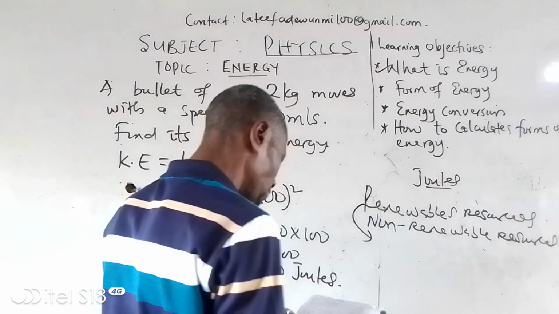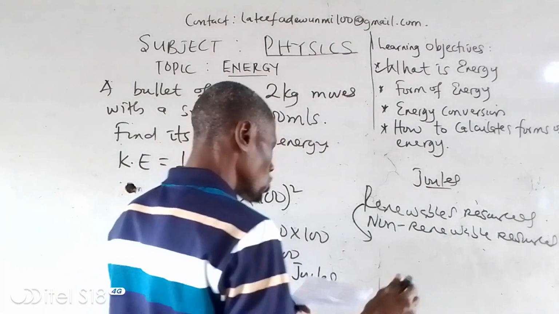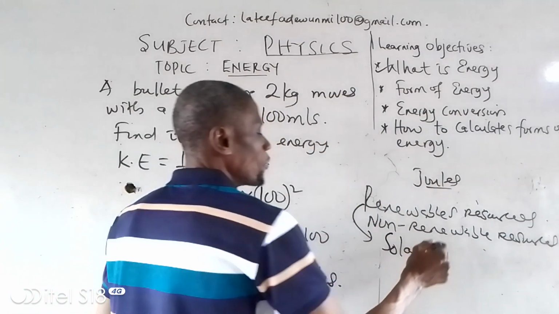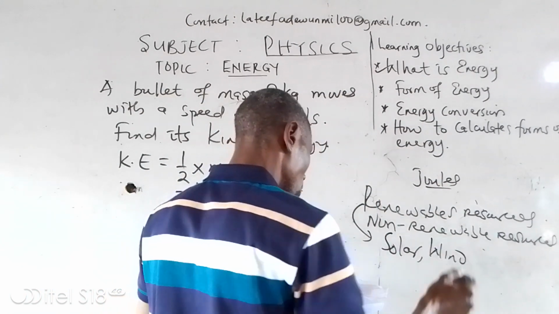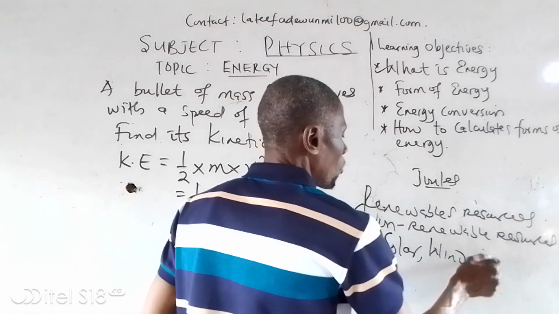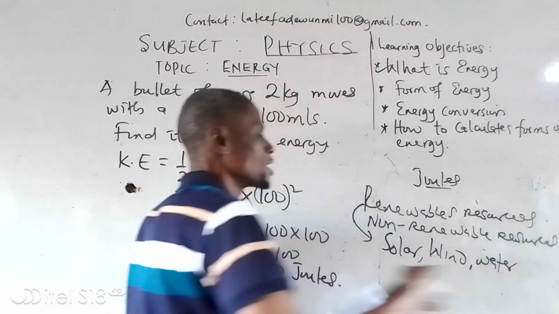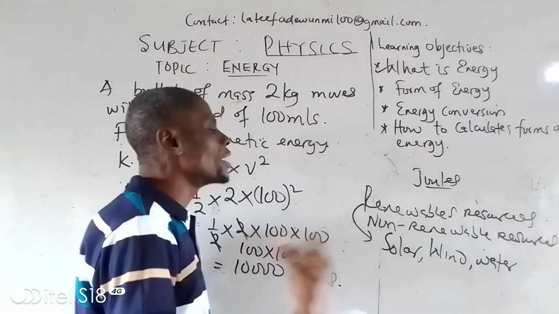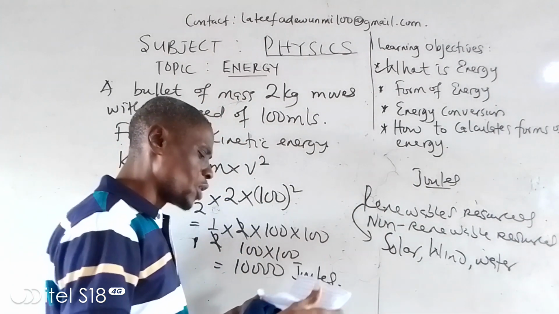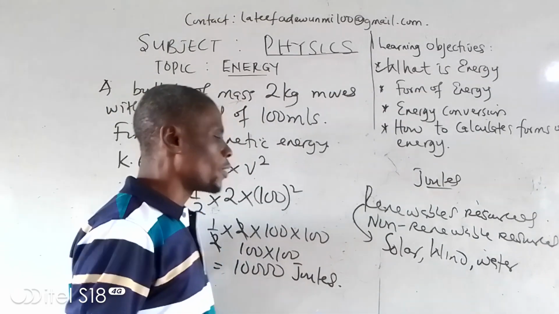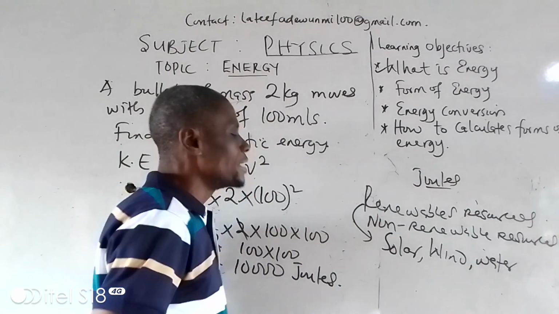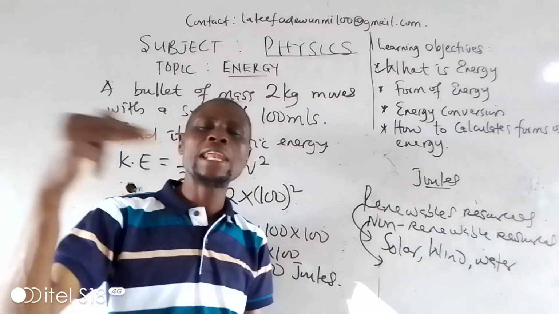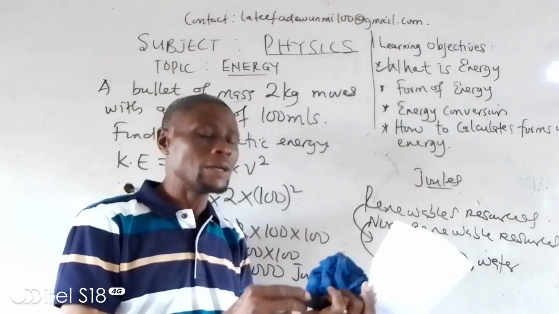We have the solar, the sun, you can renew it. We have the wind. We also have water. You can reuse water as a form of energy. You can use wind. You can use solar. All these are renewable energy resources. What about non-renewable? These are the ones that, when being used, you can't get them back. The moment you finish using them, that is the end.